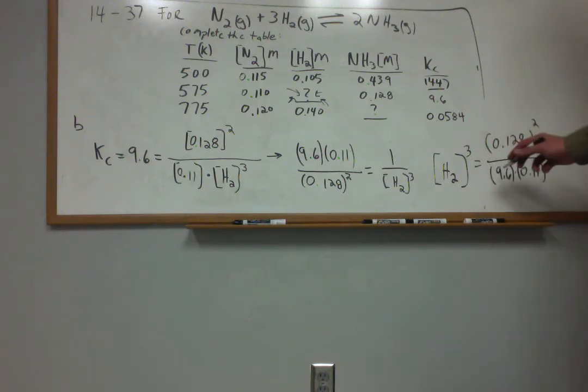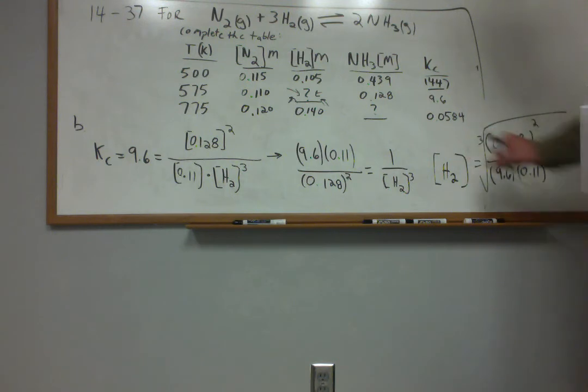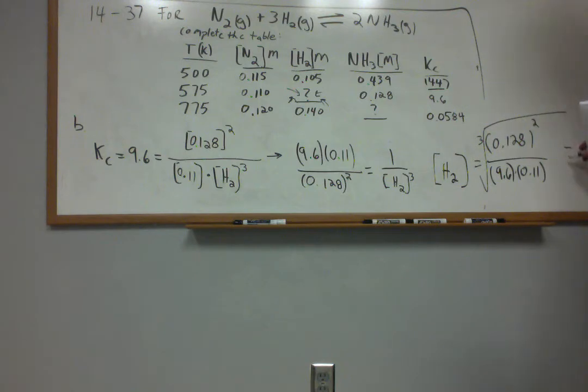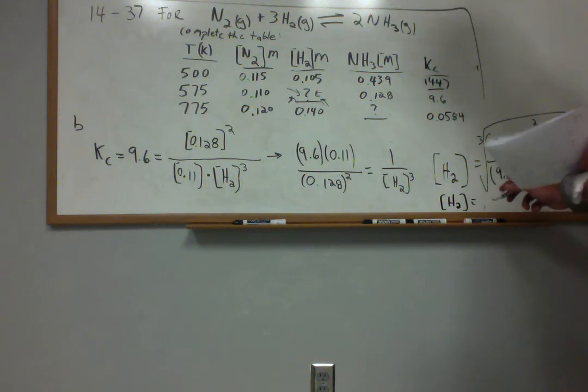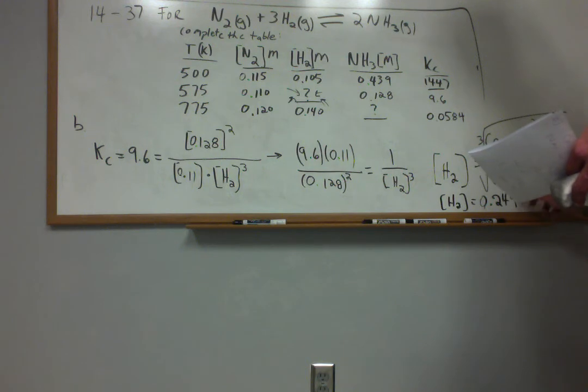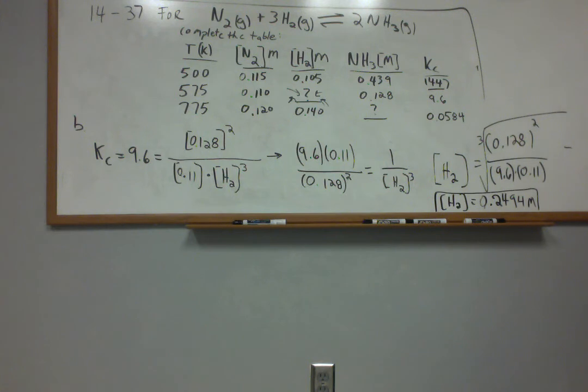Now, the solution is apparent at this point because all I need to do is take the cube root of both sides. And I can solve directly for my H2 concentration. And that's what I'm going to do. And when I solve for that, my H2 concentration ends up being 0.2494 moles per liter. A little under a quarter of 1 molar concentration.